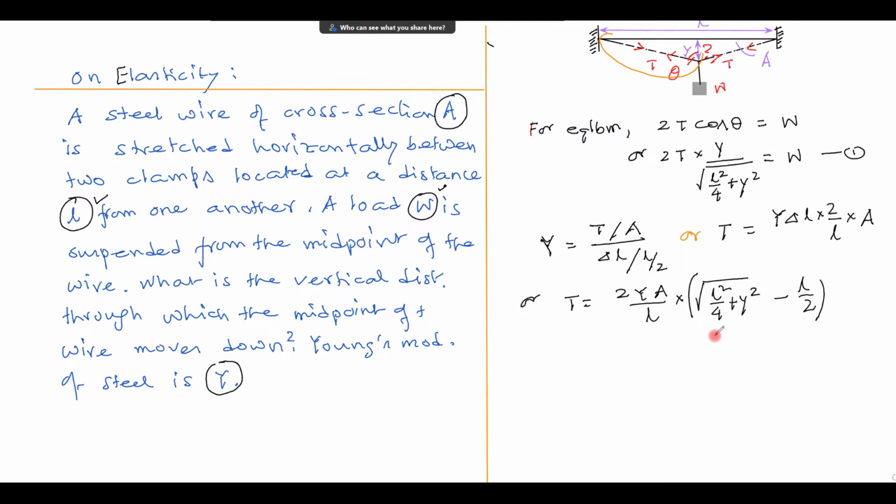Okay, 2YA by L, this is our second equation. Now we'll put this T here, and we'll get the value of y from 1 and 2.